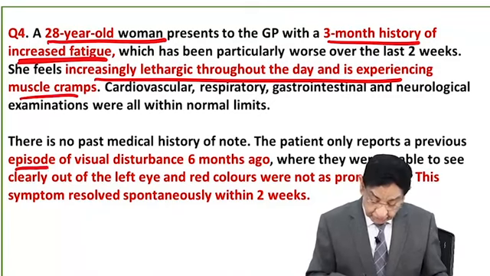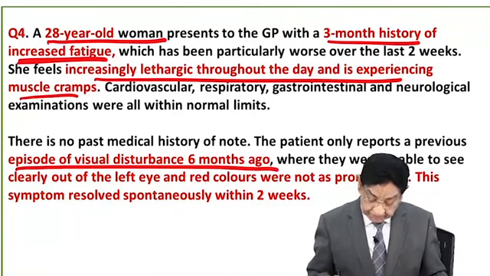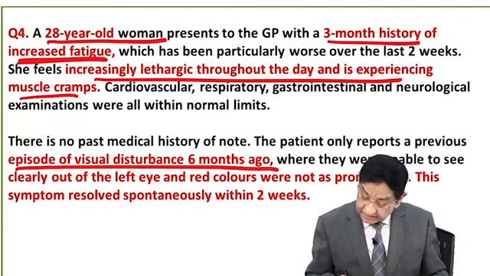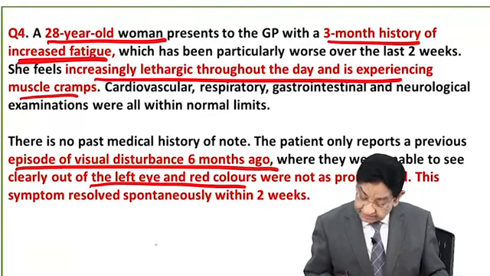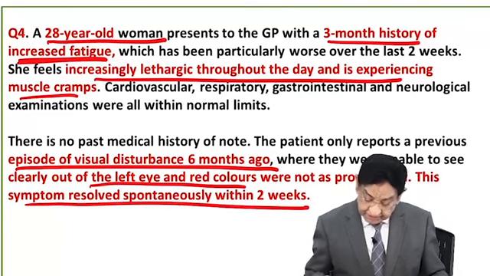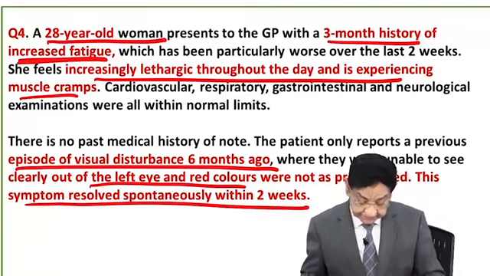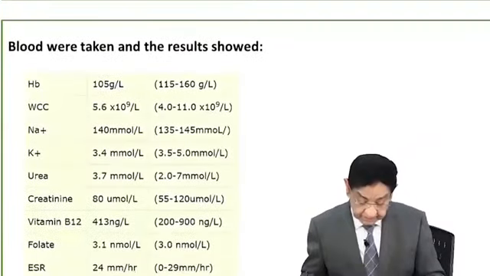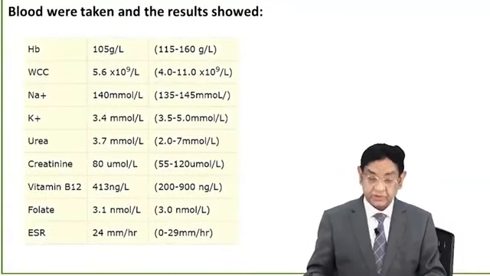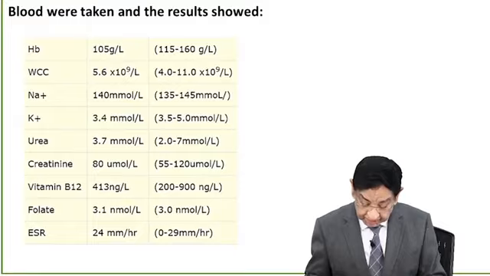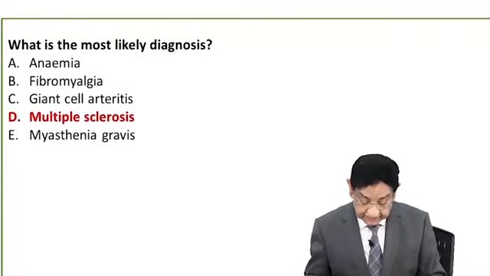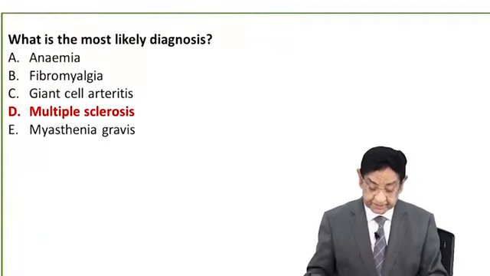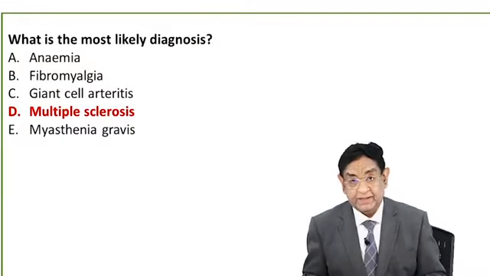And an episode of visual disturbance 6 months ago, with a problem in the left eye and red color, and this symptom resolved spontaneously in 2 weeks. Blood values seem to be all normal. What is the most likely problem?